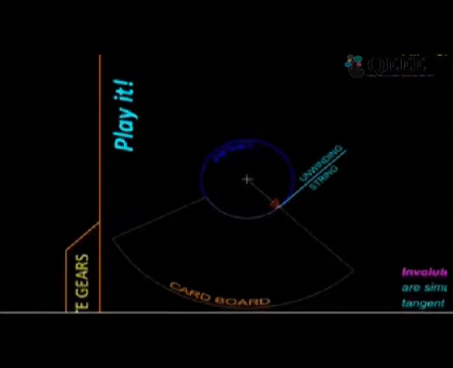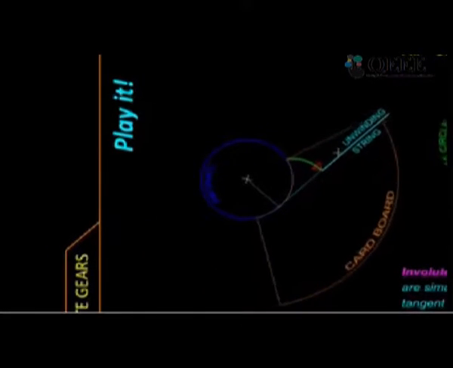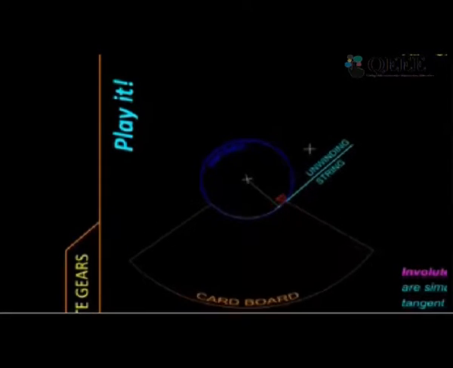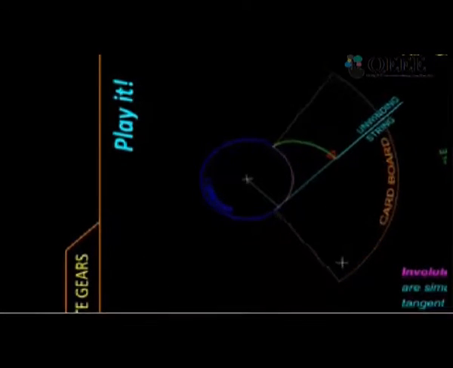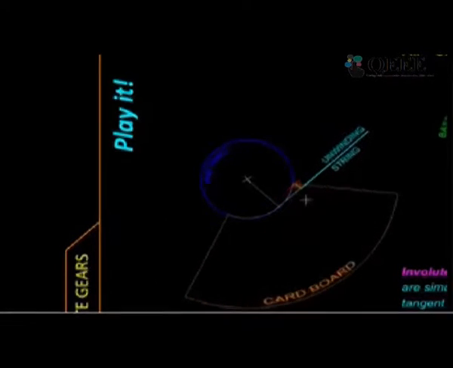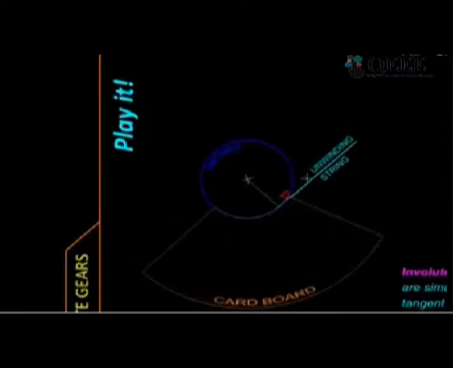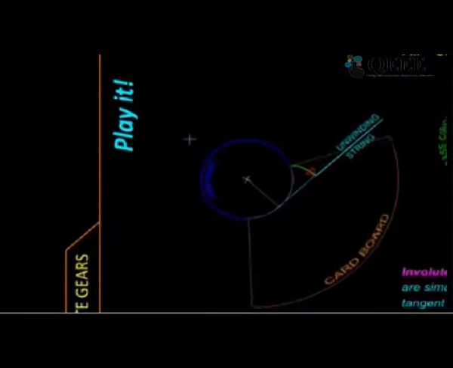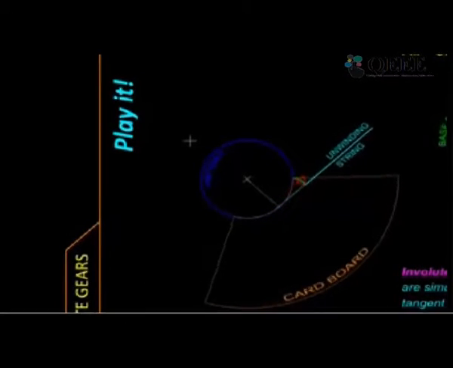Let us set this in motion, and you can see as the string unwinds and the pulley rotates, relative to that pulley on the cardboard, a curve is getting traced. Now by definition, a point on an inextensible string getting unbound from a circle traces an involute. So what we are getting here is an involute.